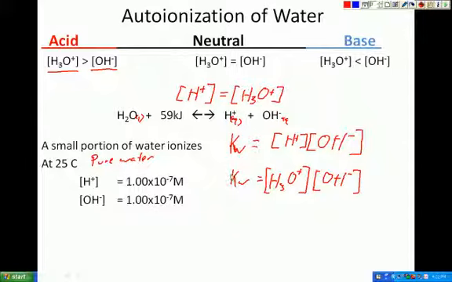So Kw, if I were to plug in these numbers, Kw would equal 1.00 times 10 to the minus 7 times 1.00 times 10 to the minus 7. And that means Kw equals 1.00 times 10 to the minus 14. Okay? So these are three numbers that you need to keep in mind all the time.